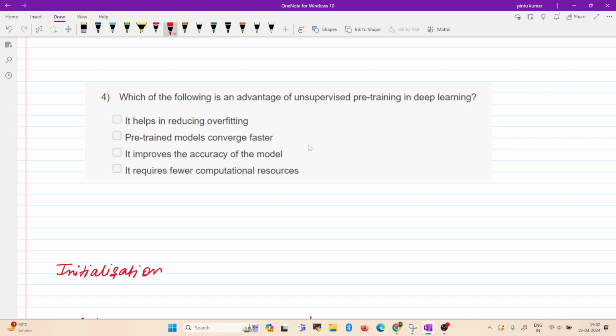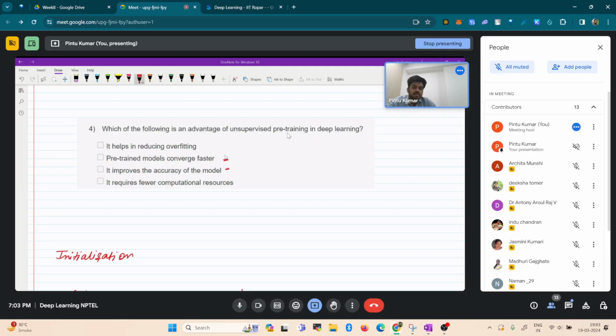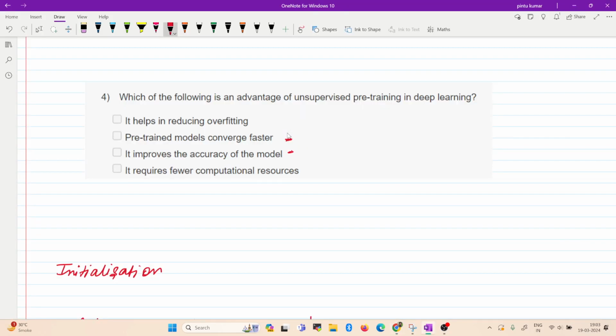Okay, somebody says B and C. What do others have to say? Somebody says B, C, and D. Okay, let's look at all options one by one.